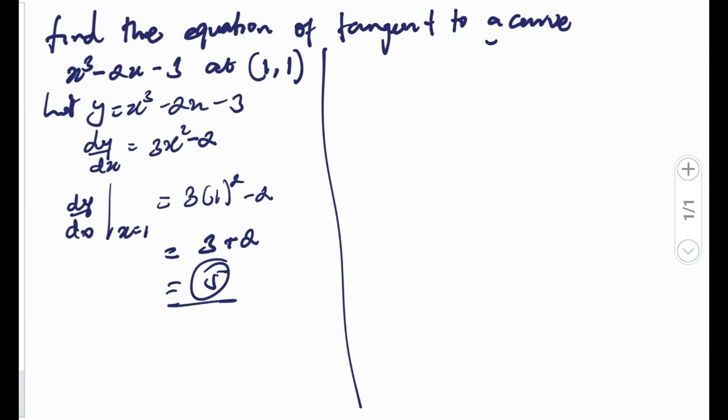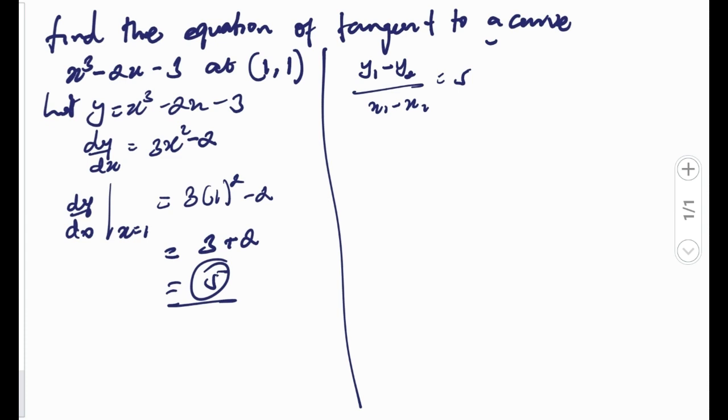But to get the equation of the tangent, we are going to say that y1 minus y2 all over x1 minus x2 is equal to the gradient, which would be 5. Now since we don't have it, but we know that the expression takes us to y equals mx plus c, we could use that.